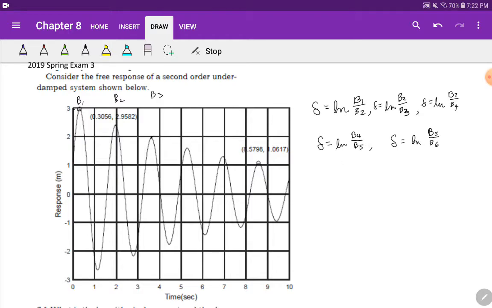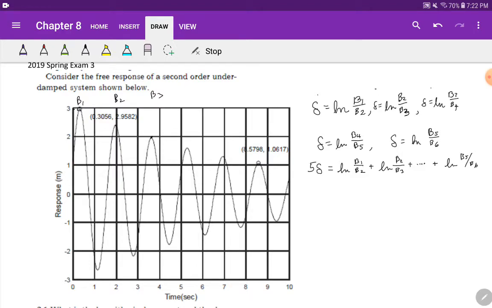They're all deltas. They're all the same. So if you add, how many? 1, 2, 3, 4, 5 deltas. What do you have? You have natural log of b1 over b2 plus natural log of b2 over b3, and the last one, natural log of b5 over b6.